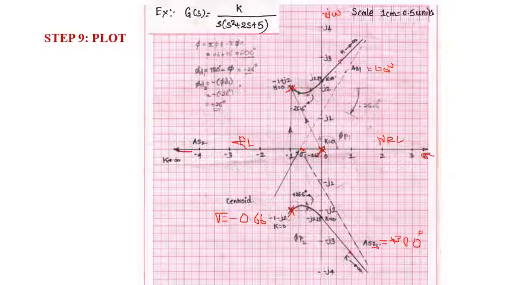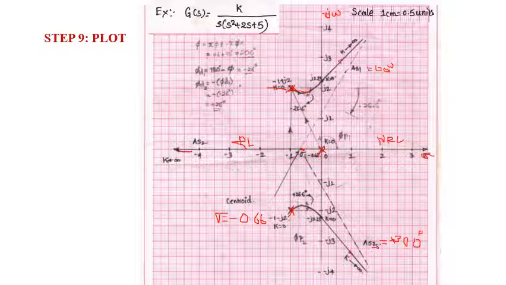Next, we need the angles of departure, since these are complex poles. The next step is to identify the angle of departure. We know it is equal to minus 26 degrees and plus 26 degrees. So keep the protractor at this coinciding point on this line, and measure from here, from this part, that is this line.